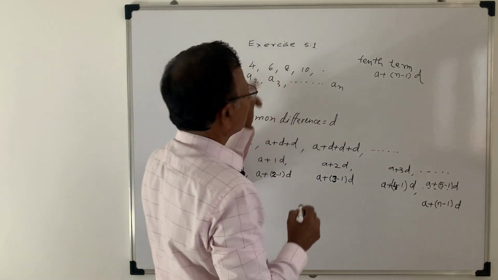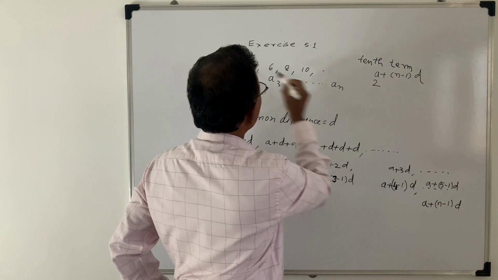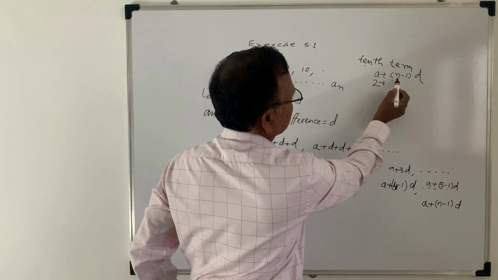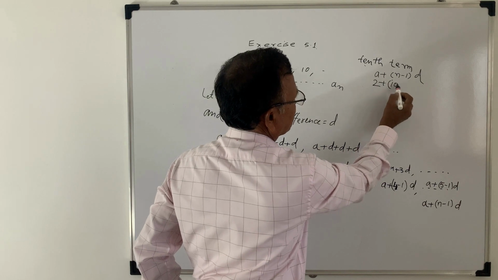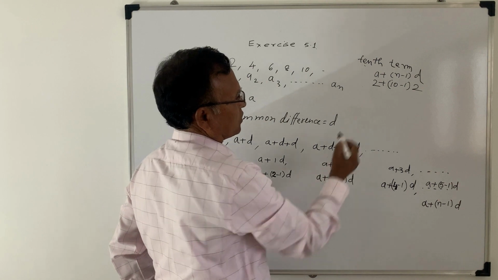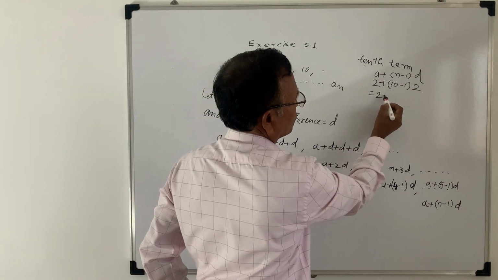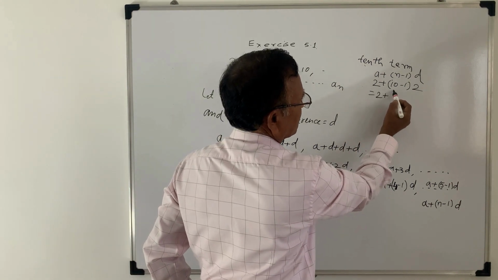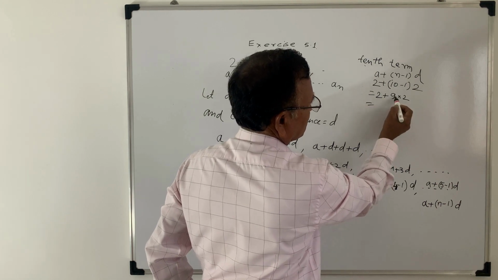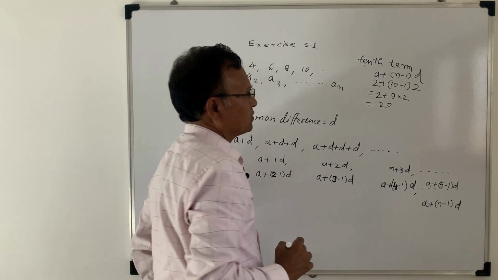So common difference is 2, first term is 2 plus nth term n is given, that is 10 minus 1, common difference is 2. So you can write 2 plus, that is 9 into 2, that is 20.